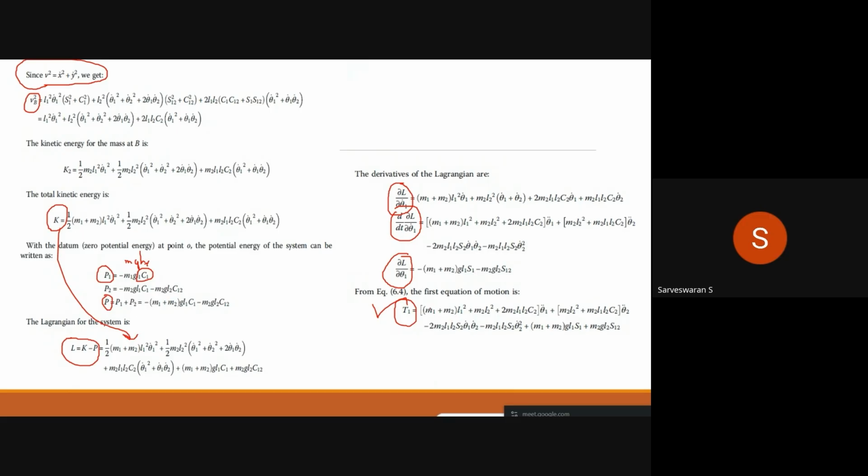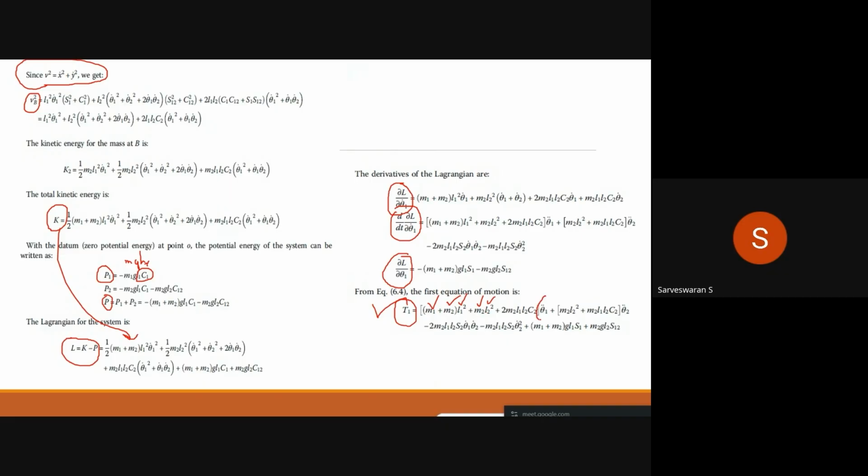In this, it will include m1 and m2. It will consider the mass of link 1, the concentrated mass at the end of link 1 and link 2. We also have to consider L1, which is the link length of link 1, and similarly m2 and L2, the length and mass of link 2.